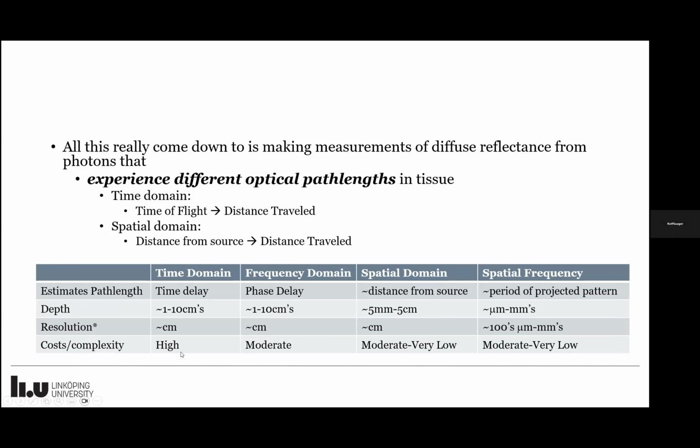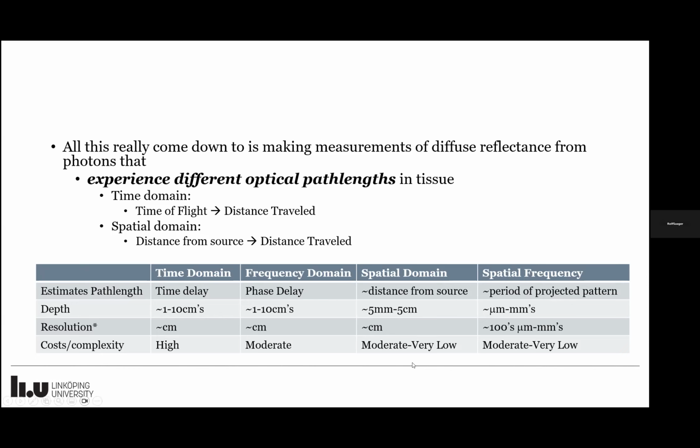And again, the advantages really are the depth and the volume, but at the consequence of the resolution and having to have a very short pulse, equipment tends to be quite expensive. You have to have a very fast source. You have to have a very fast detector. Frequency domain takes advantage of oscillating sources. So there's a little bit of relaxation on costs, but pretty much the same thing.